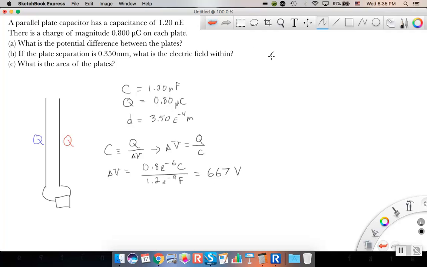Okay, so part A, the potential difference between the plates, is 667 volts at 3 significant figures.